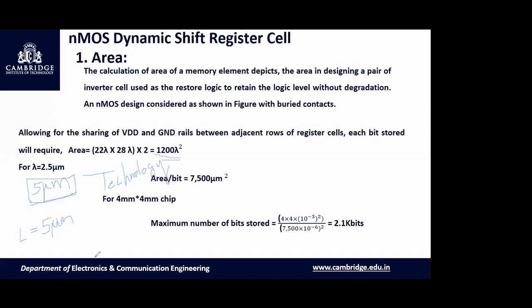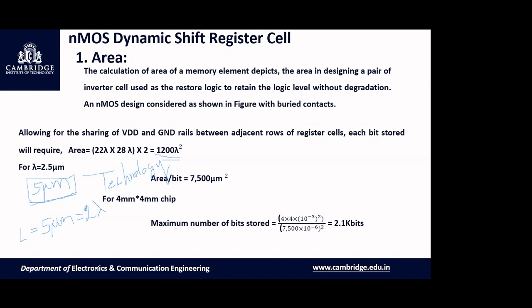We have considered the very first technology, that is 5 micron technology. For 5 micron technology, your channel length will be 5 micrometer, and in terms of lambda, it will be 2 lambda. Understood? Okay. So here I'm considering 5 micron technology.